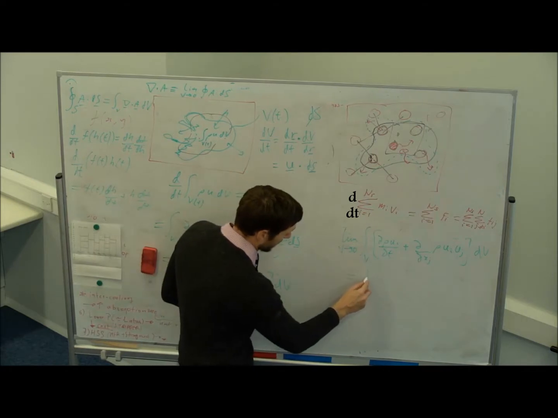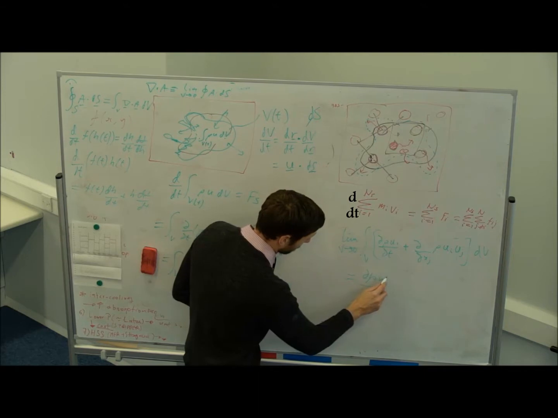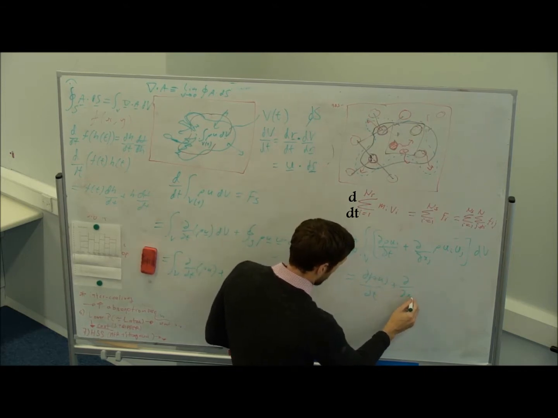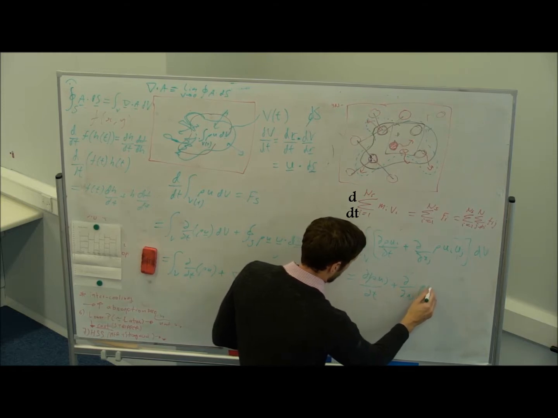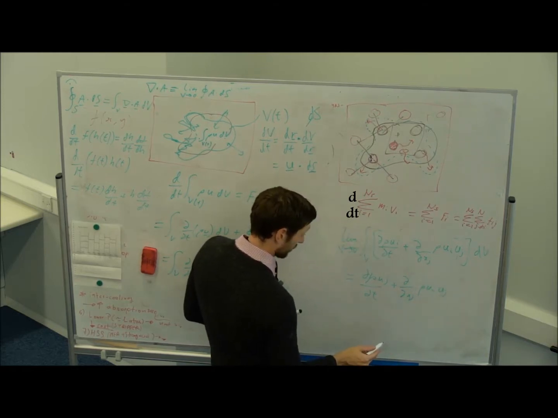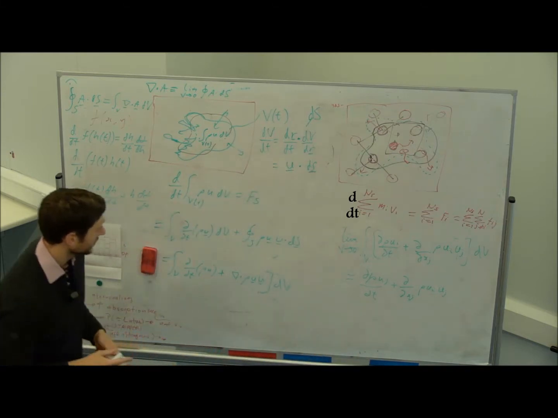So then we get to an expression that's d rho u by dt plus d by dx_j of rho u_i u_j, in that limiting case.